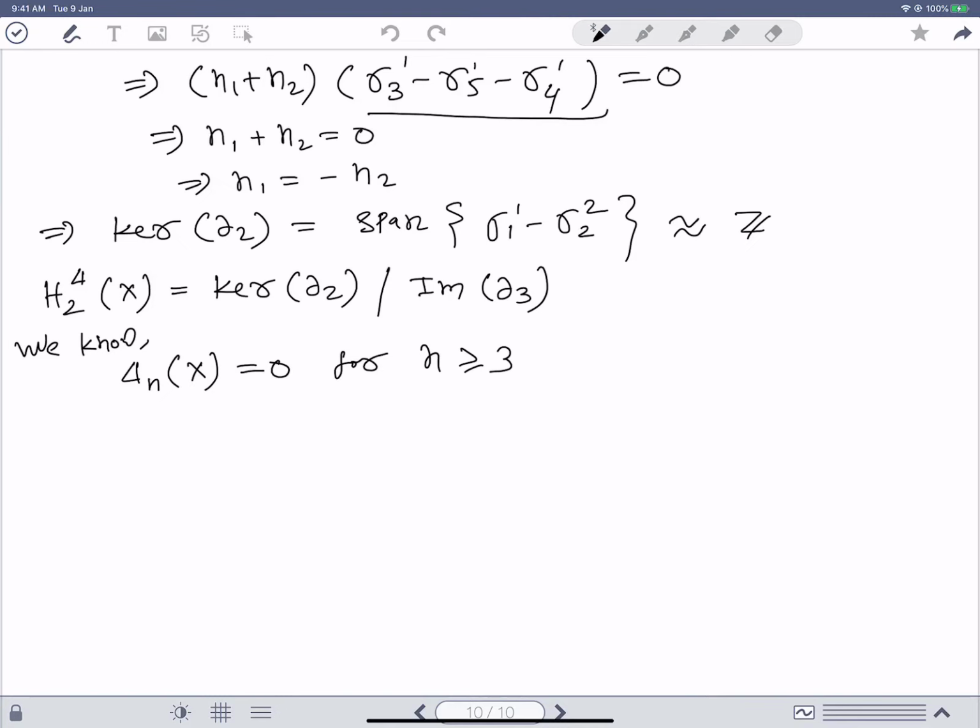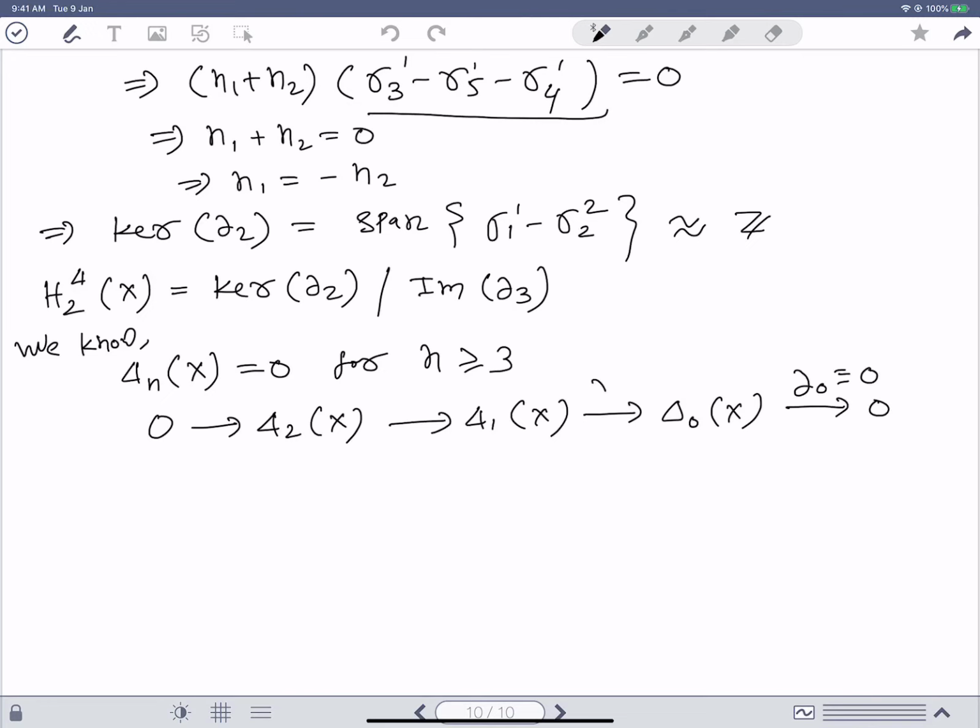So we have 0 to delta 2 X to delta 1 X to delta 0 X to 0. This is my delta 1, this is my delta 2, this is my delta 3. So the image of delta 3 will be 0, right? So this will be only the kernel of delta 2. So this will be Z.